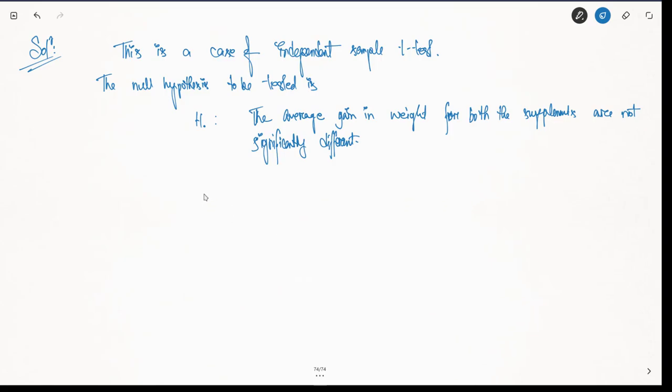That is our null hypothesis. So you can set an alternative hypothesis also, right? H1, they are significantly different.